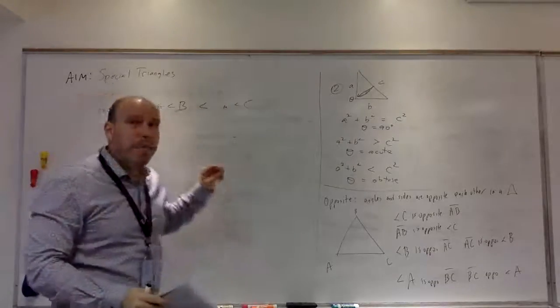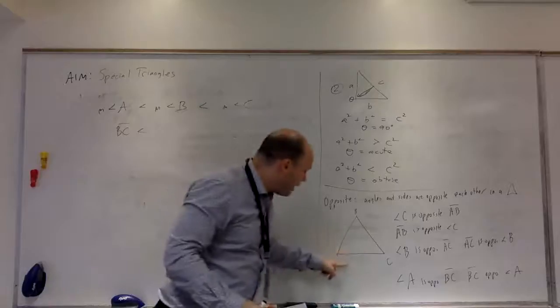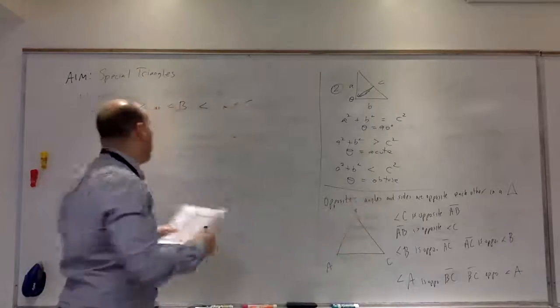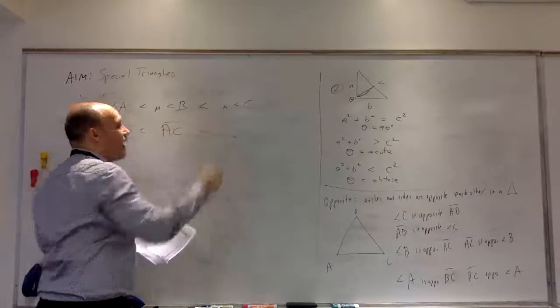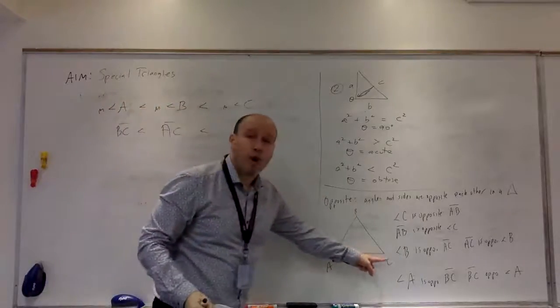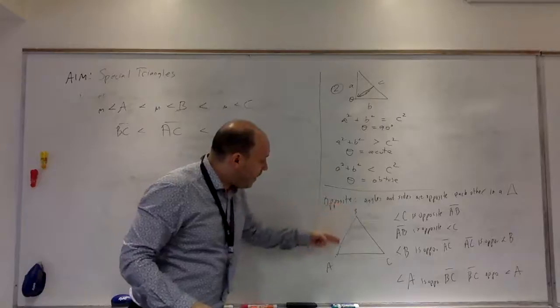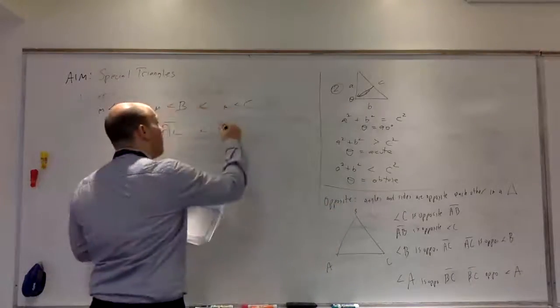If angle B is the middle angle, AC is the middle side. And if angle C is the largest angle, AB is the largest side.